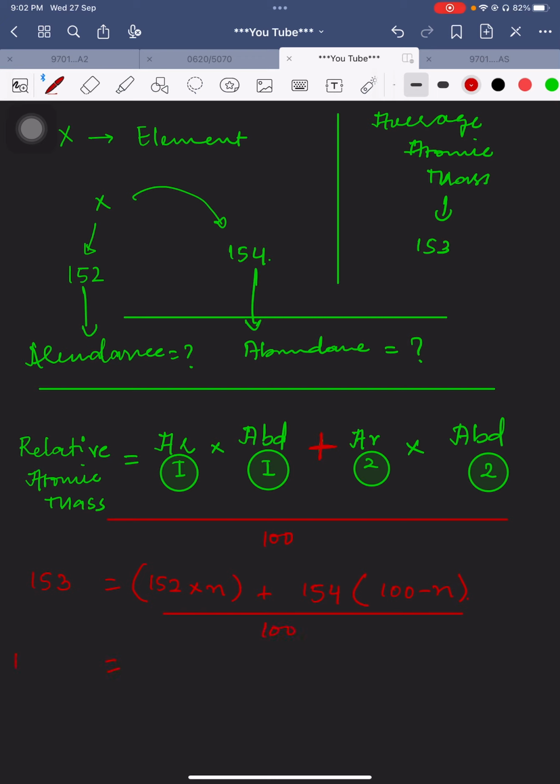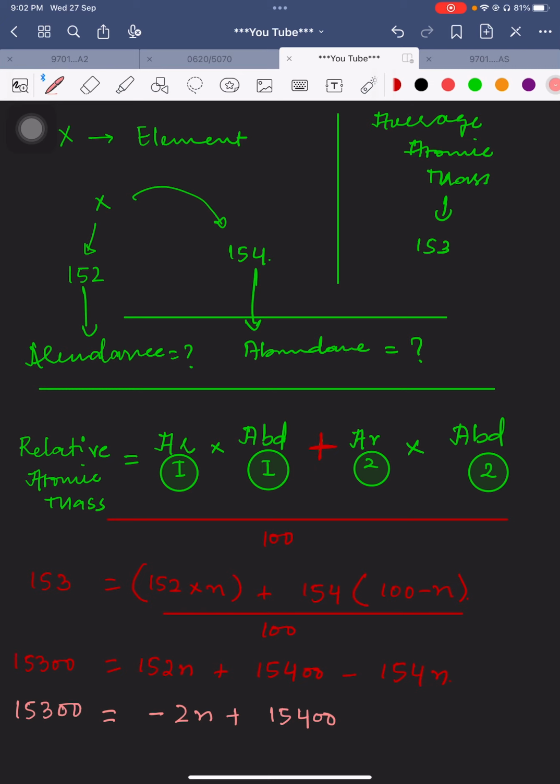It will be multiplied by 100 on both sides, so this is 15300 on this side, whereas this is 152n plus 15400, as it is going to multiply inside the bracket, minus 154n. We find the difference between 152n and 154n, which will be minus 2n, as the minus value is bigger, plus 15400, and this is 15300 as it is.